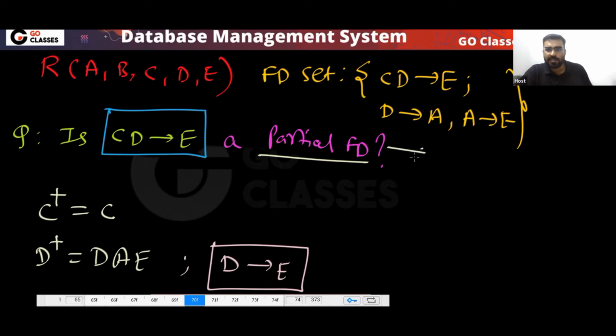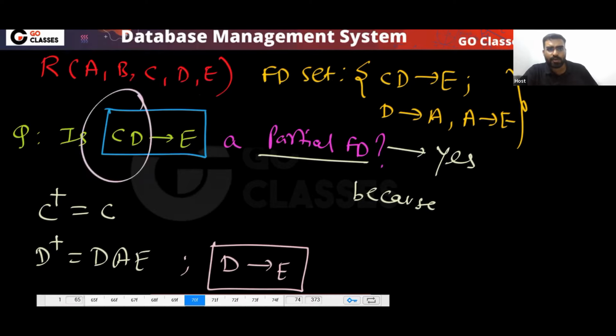Yes. Why? Because you don't need the entire CD to determine E. So this is partial because D can determine E.